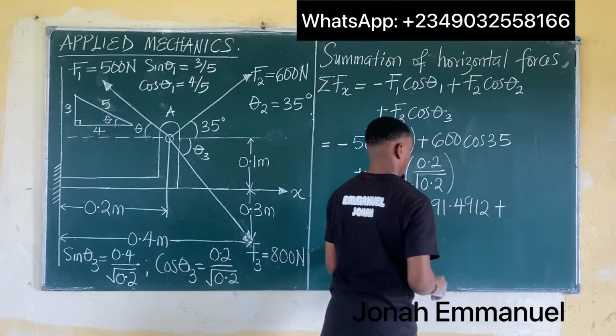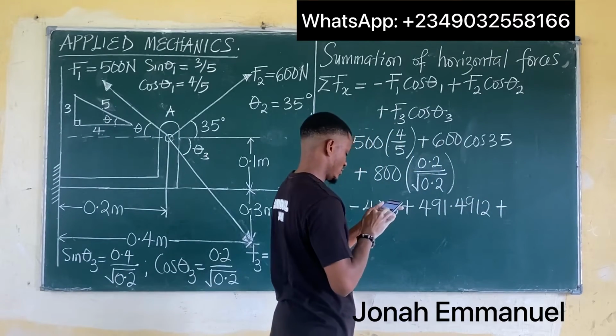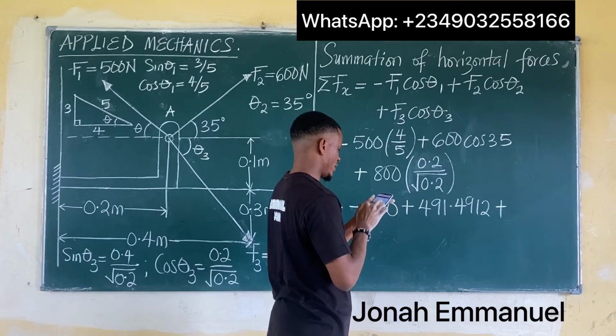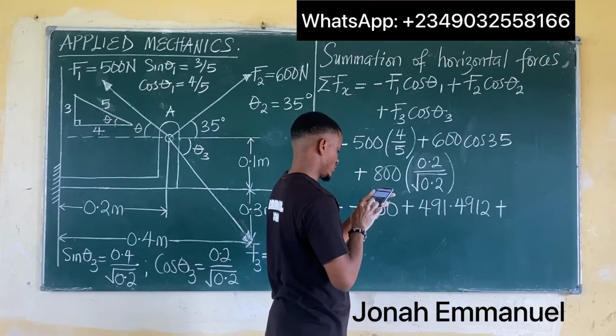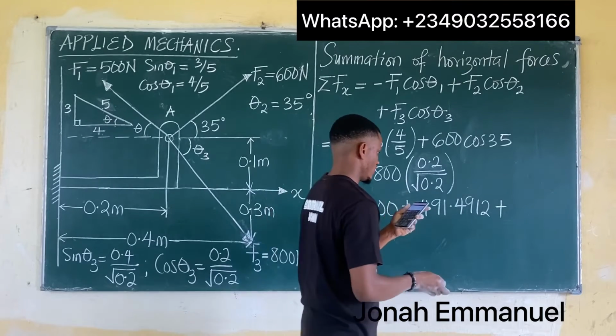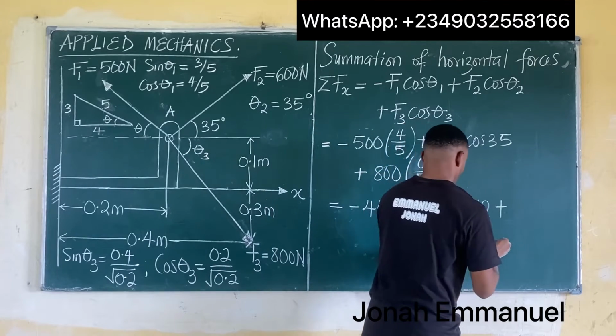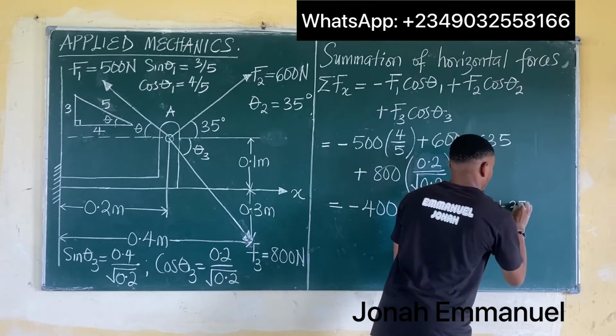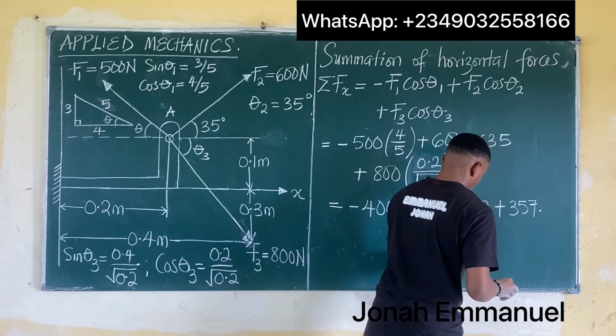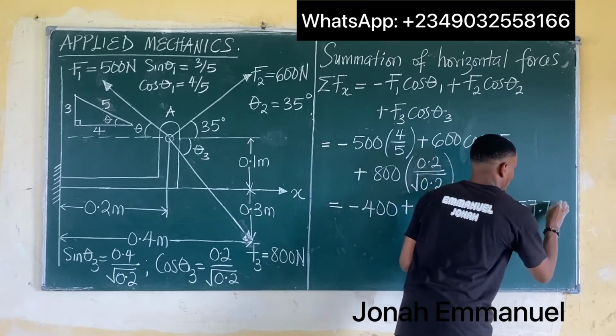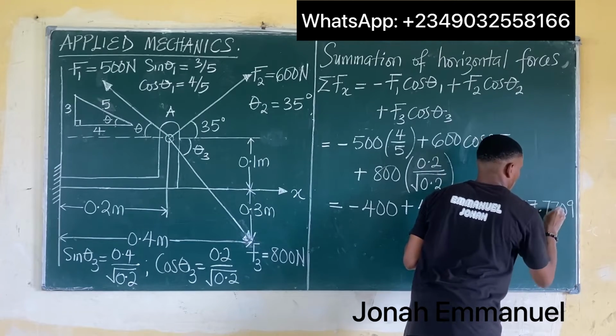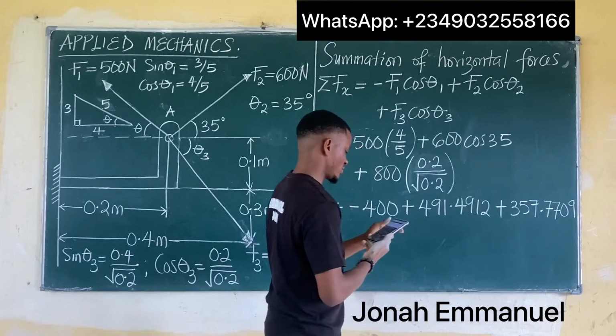Plus, let's see, 800 multiplying in bracket 0.2 all over square root of 0.2. So this value is about 357.7709. Please make sure you punch this correctly.